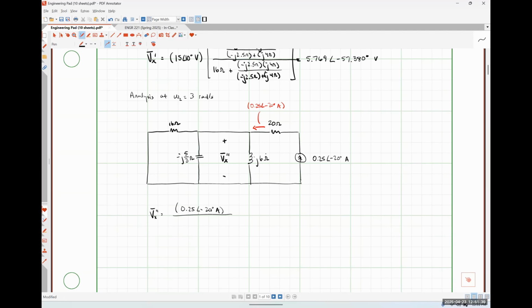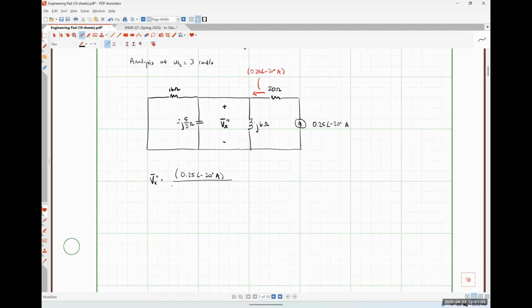Then I'm going to multiply it by 1 over the sum of the reciprocals of those impedances. So down here, I'll have 1 over 16 ohms, plus 1 over J6 ohms, and then minus 3 over J5 ohms. That minus 3 over J5 is just that minus J 5/3 turned upside down.